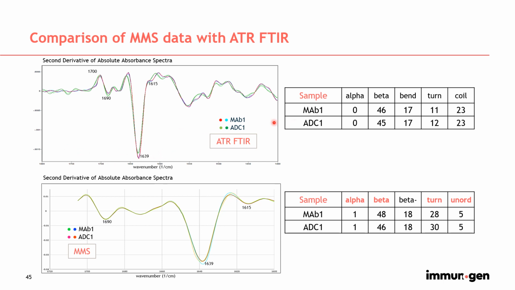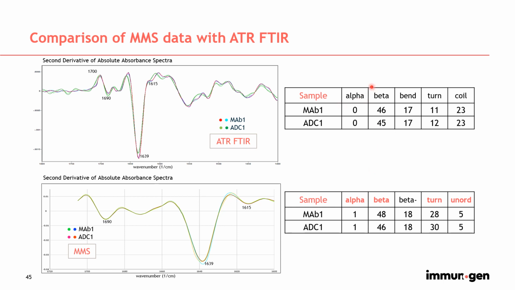Also looking at the fractional contributions in the antibody and the ADC of the different secondary structure components, there is great agreement between the major components of the alpha helix and the beta structures. Although there were some differences observed in the minor structural elements like the turns and the coils, this could be attributed to the differences in the software used to generate these numbers between the two different techniques.